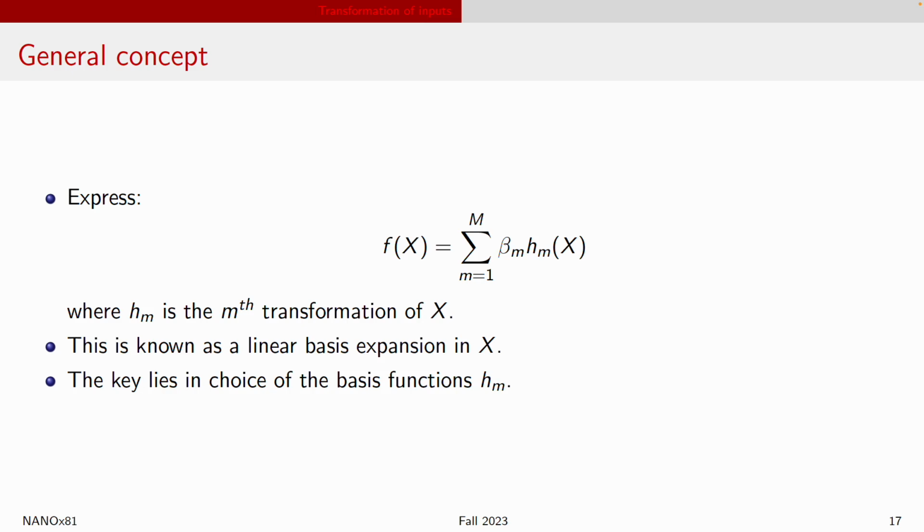So this is what is called a linear basis expansion of your feature space, right? And the key whenever we are doing this kind of thing is the choice of the basis function, right? So in other words, what kind of functions do we choose to transform our x input such that we can have flexibility in modeling the relationship, right?